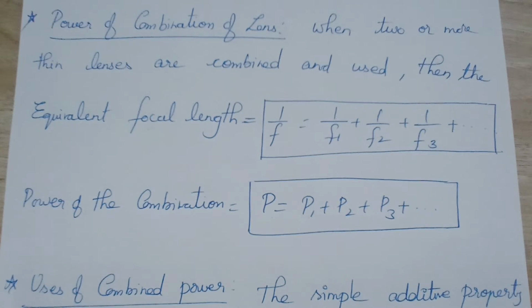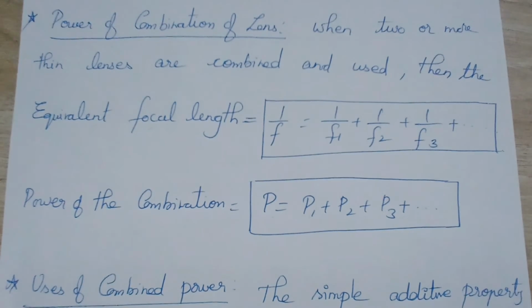So what the doctor will do is keep one lens after another. He will check for the clear image, right? If you use 2 lenses, he will simply add the power of those 2 lenses and say, this is your power, so you are going to use this lens.